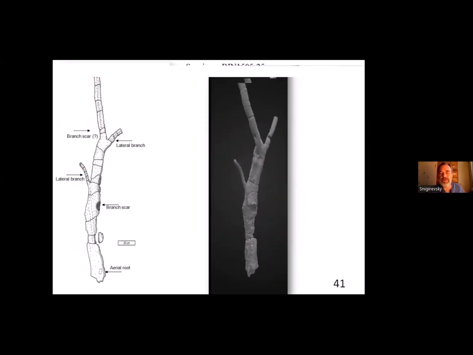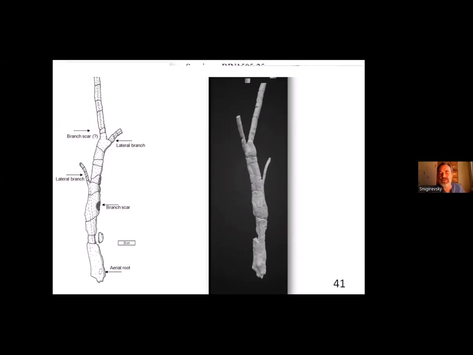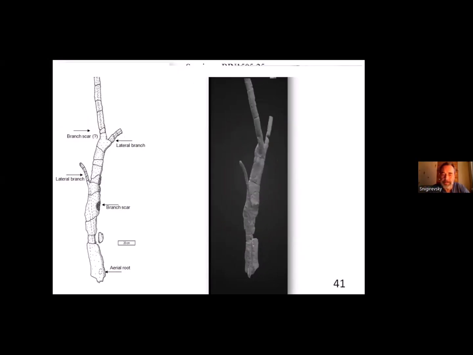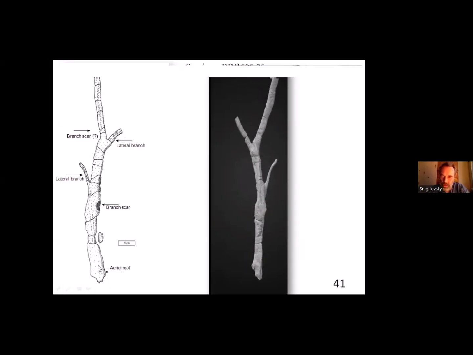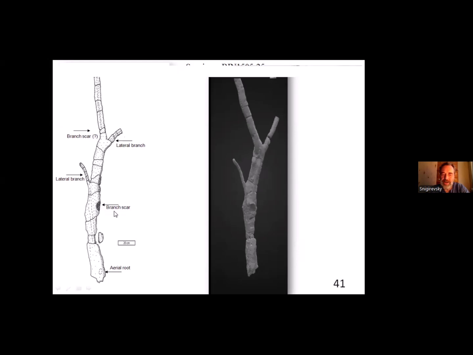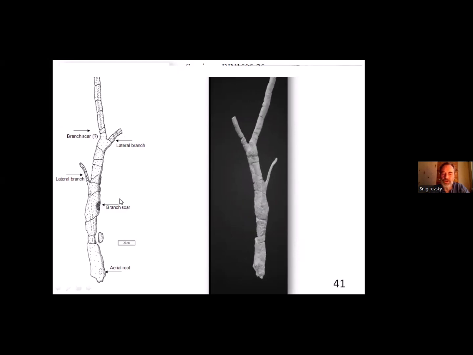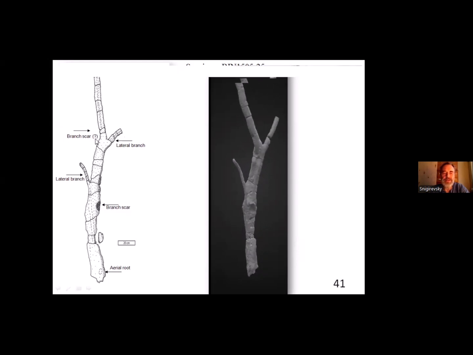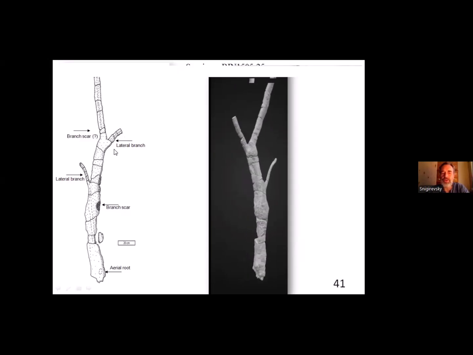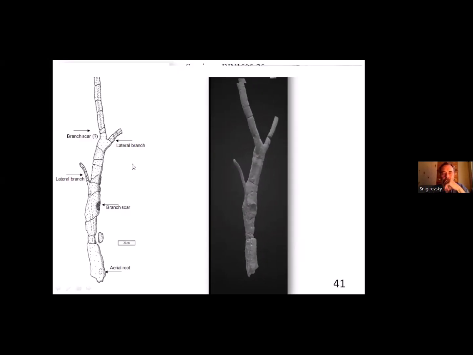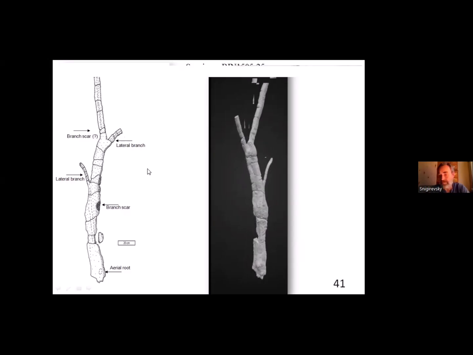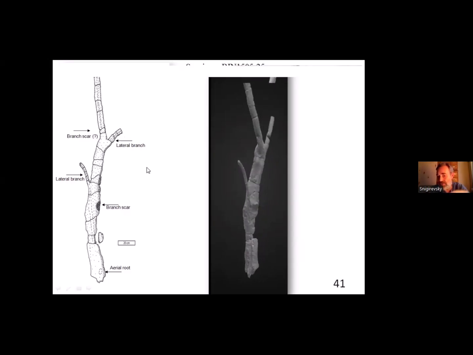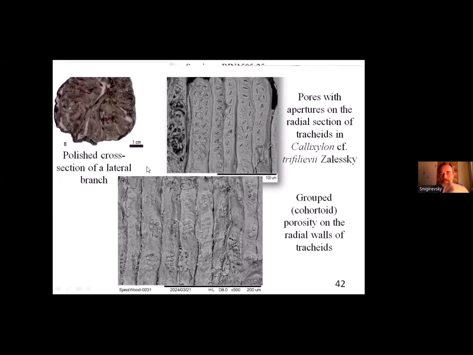And now we have the full image of this trunk. Yeah, there is an aerial root, 2 branch scars. One is true, and another one is probable, and 2 lateral branches.